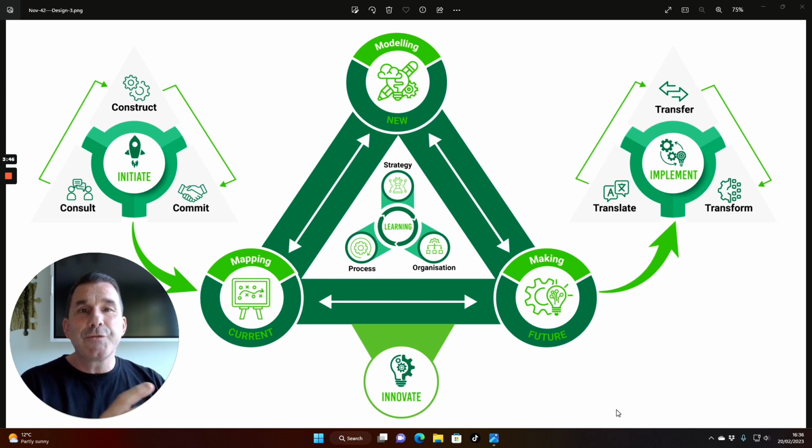It's about transferring ownership to the leadership so they can take the design forward. They can start to engage with their staff, with their colleagues, and start to involve them with the final stage, which is the transformation. Moving from point A to point B, or moving from where they are now versus where they want to be.